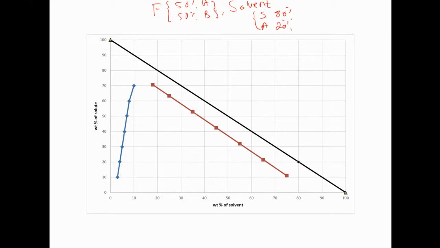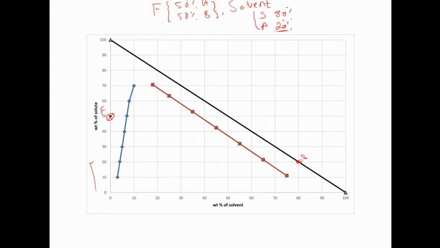So from this diagram, you can see easily your feed should be 50-50. So this is your feed, and your solvent is not 100%, it's not here, it contains 20% there. So we go up 20% and go to the right until we reach this point. So this is your solvent here.